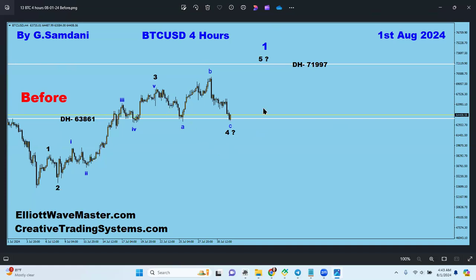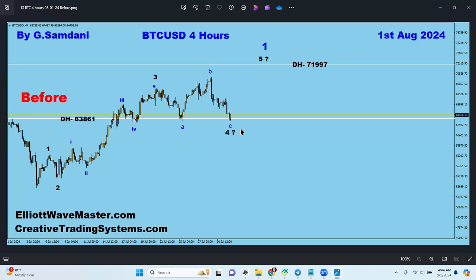So it's kind of a mixed flat correction for wave B. If it were below 3, that would be a perfect flat correction, right? But this wave went above this, so now it's a different thing, which is basically not a proper setup for a flat. So A, B, C, but it's some kind of mix.